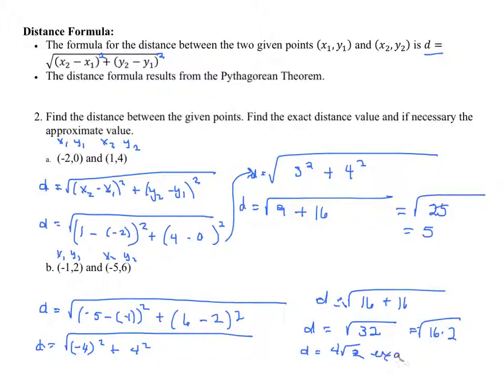This is the exact distance, okay? If we want to approximate it, just do it on your calculator. It'll be approximately equal to 5.66 to 2 decimal places. Now let's go to the next slide.